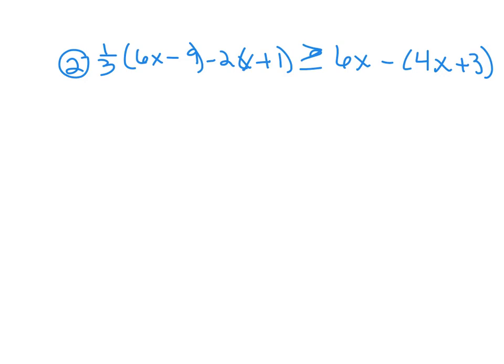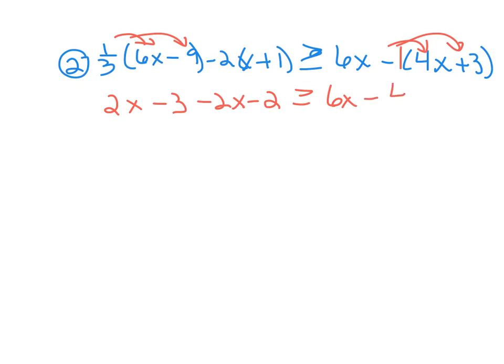All right, so here we go. Distribute. So you should have 2x minus 3 minus 2x minus 2 greater than or equal to 6x, and again, that -1, so make sure you distribute the -1, minus 4x minus 3.